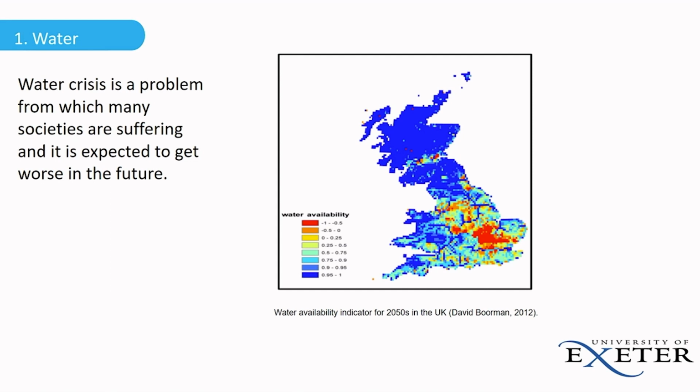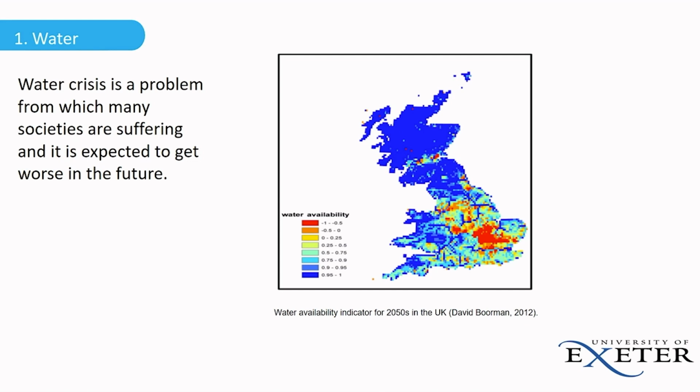Water. Why is water very important? Why do we need to make more fresh water? Because water crisis is a problem from which many societies are suffering, and it is expected to get worse in future.